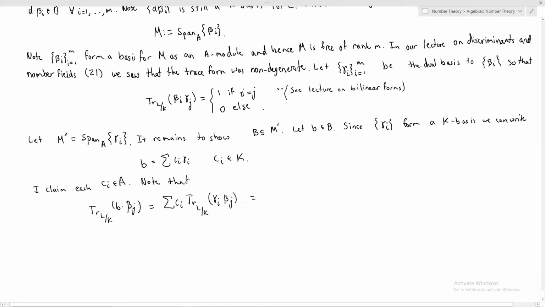The only term we pick up is when i equals j, where it's 1, and it's 0 when i is different from j, so we just get c sub j.